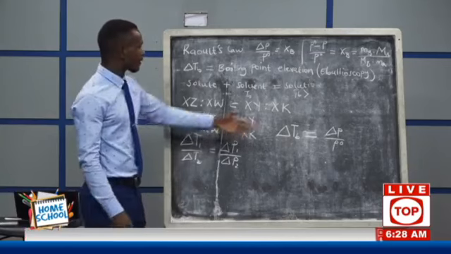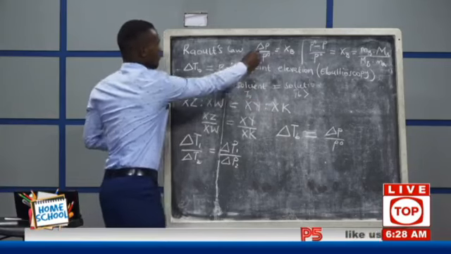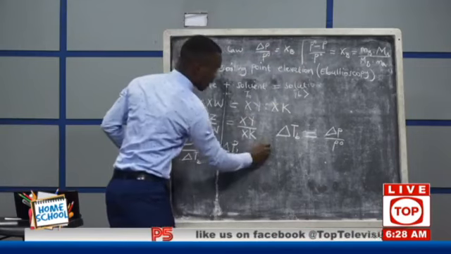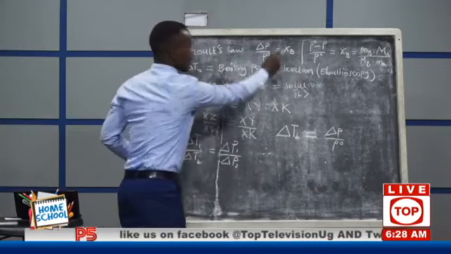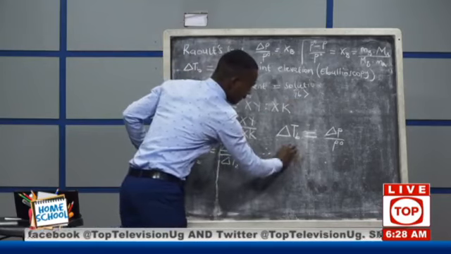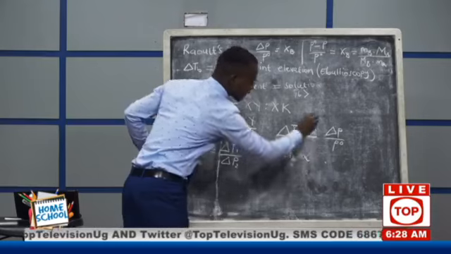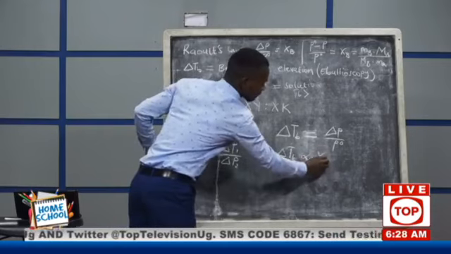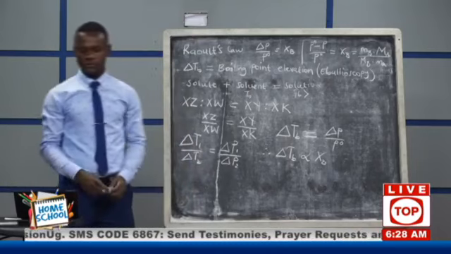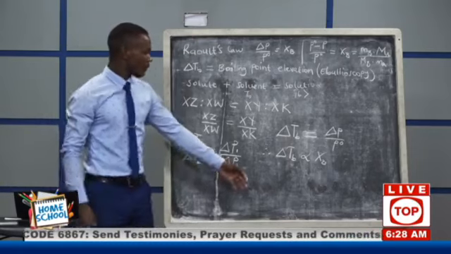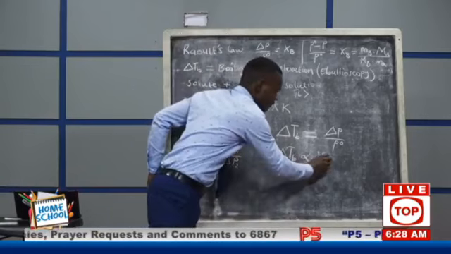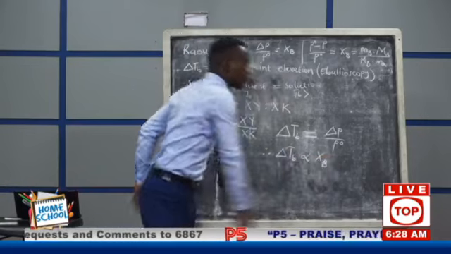So we can compare the two, and we shall come up with a conclusion that this boiling point elevation is directly proportional to the mole fraction of the solute. But for this case, you can use a B there. It is not a must that you put a 2.